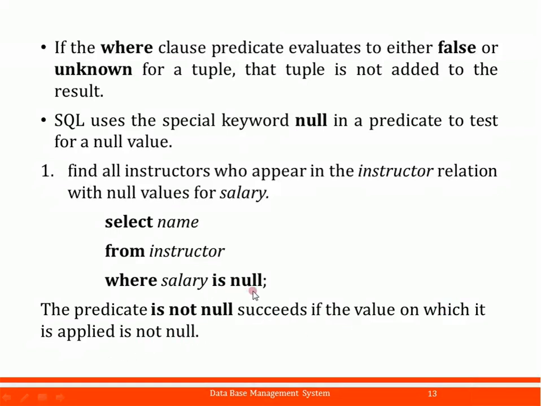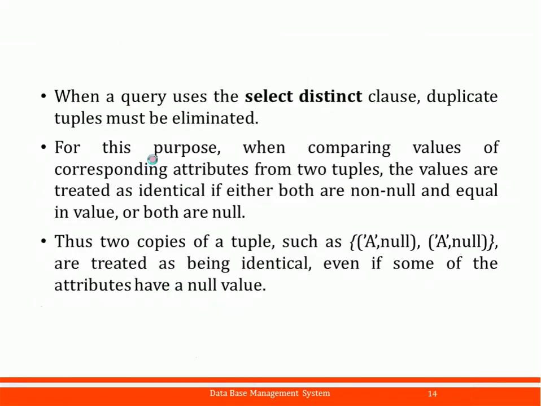Similar to is null, which checks for null values, you can also check for non-null values using the predicate is not null. When a query uses the select distinct clause, duplicate tuples must be eliminated, so only the unique, distinct tuples will be listed.